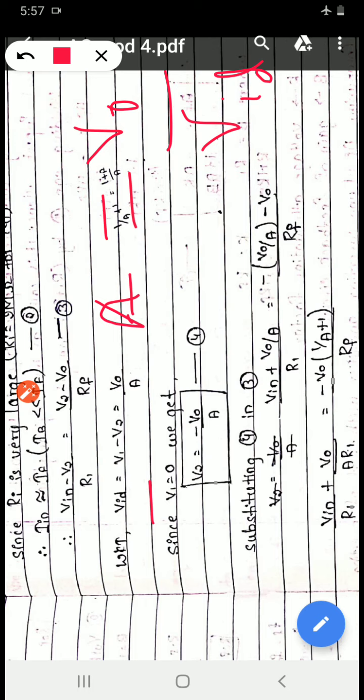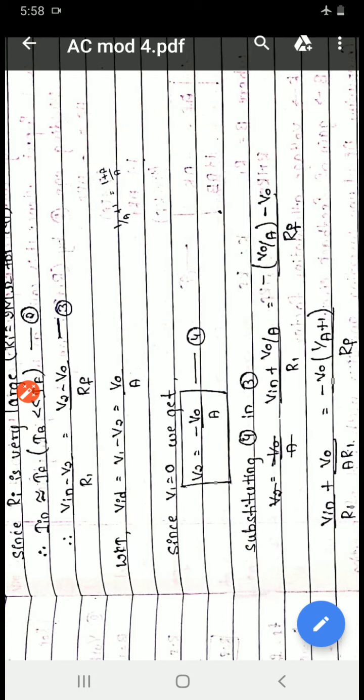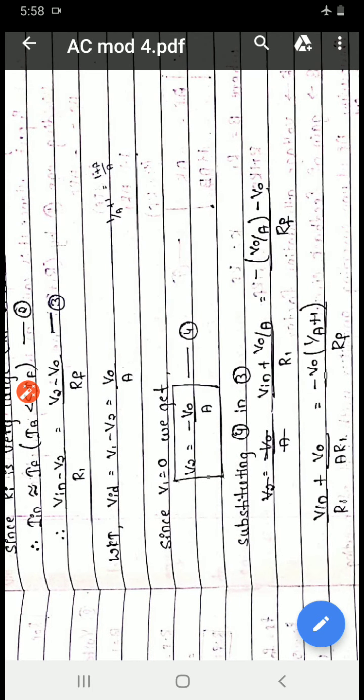And here V1 is 0 now. Okay, so directly you can write, since V1 is 0, we can write V2 equals to minus V0 by A. Okay, now as we know that V2 equals to minus V0 by A, this value needs to be substituted in this equation. Wherever V2 is there, that should be replaced by minus V0 by A. So if I substitute here, what will I get?